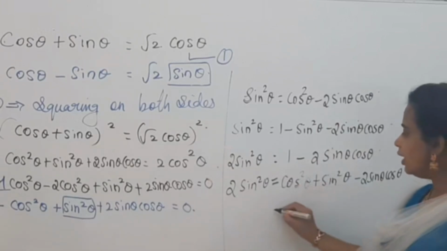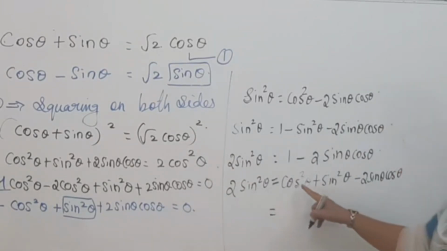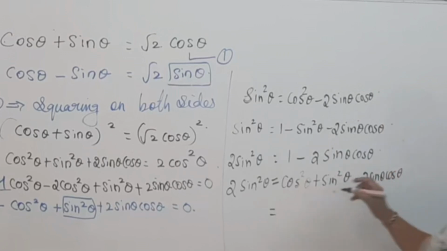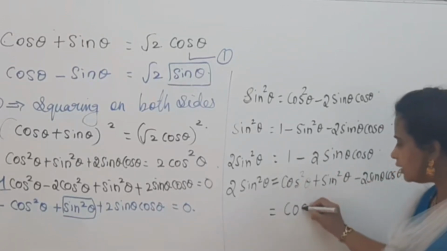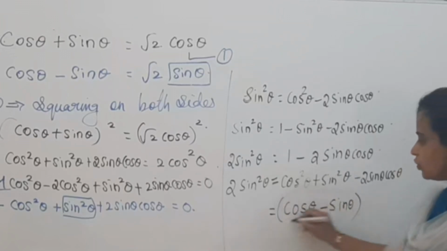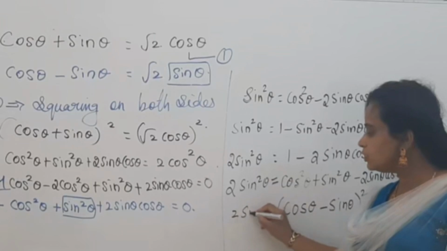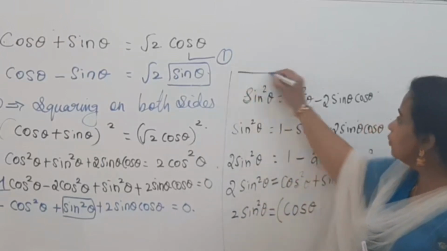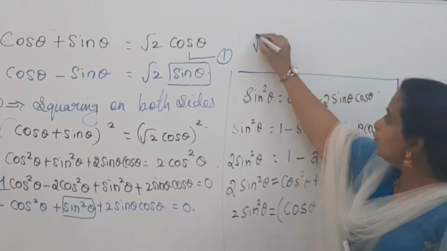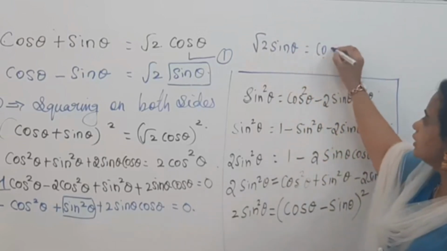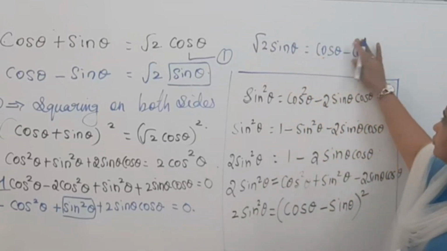So I get a square plus b square minus 2ab. How do you write it? That is nothing but cos theta minus sine theta the whole square, which is equal to 2 sine square theta. Now take the square root of this, that is root 2 sine theta is equal to cos theta minus sine theta.